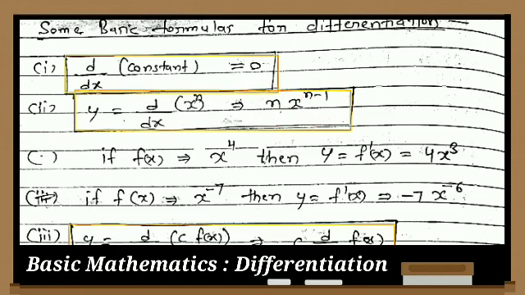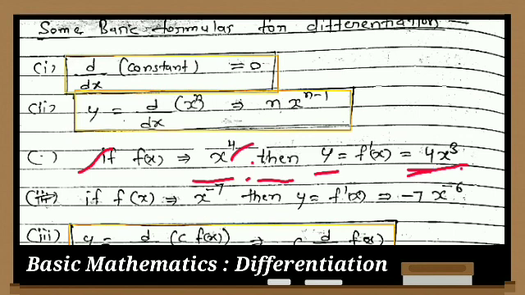Okay, now let's move further. As an example, if f(x) equals x power 4, then y equals f dash x, that means the differentiation of x power 4, which is 4x power 3. Here the value of n is 4, so the differentiation is 4x power 3.